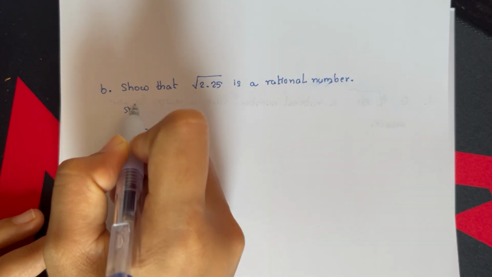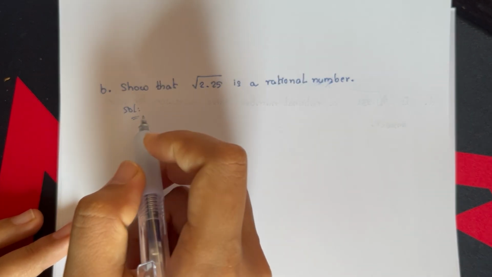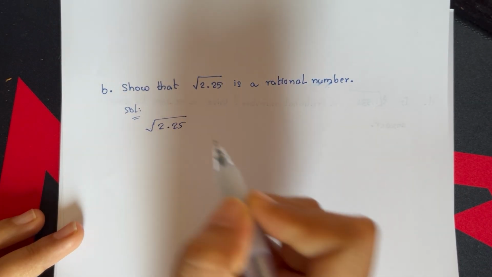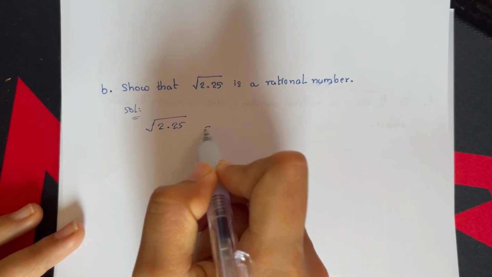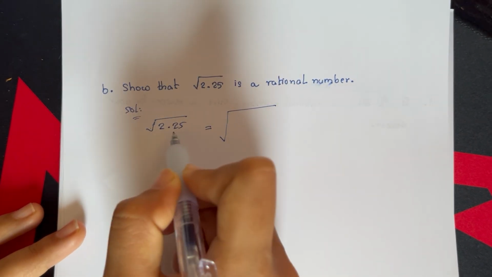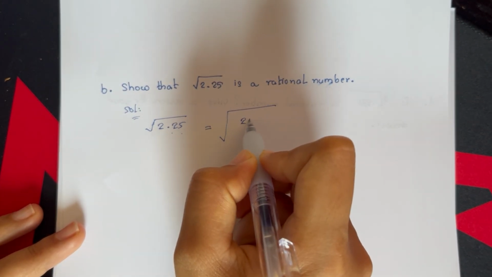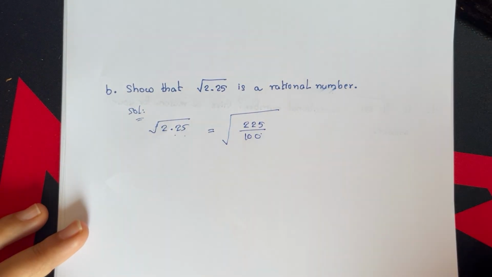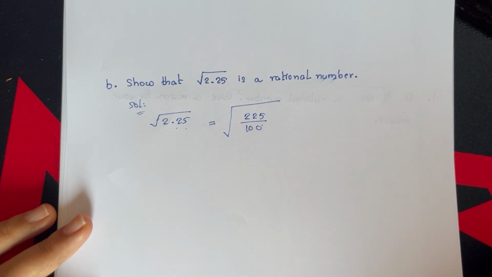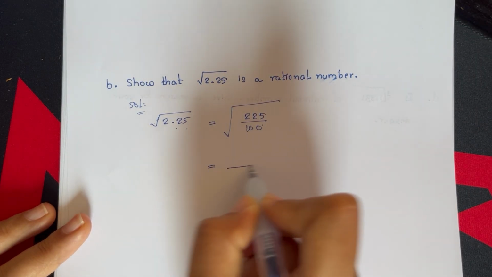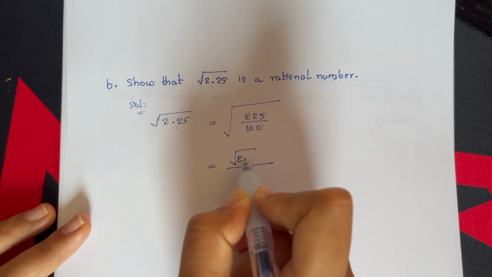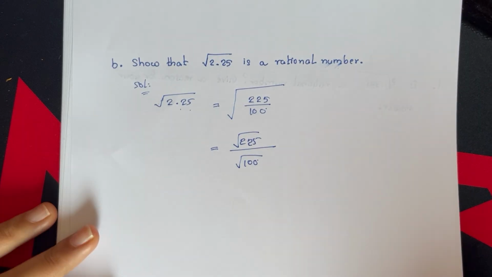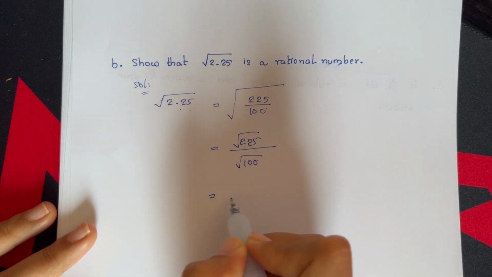So, solution, root 2.25. So 2.25 means 225 by 100. So we will separate the root 225 and root 100. Same. And we will simplify that.